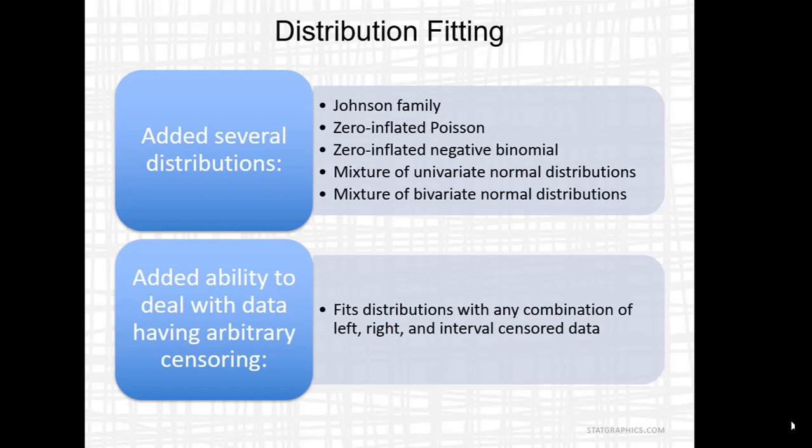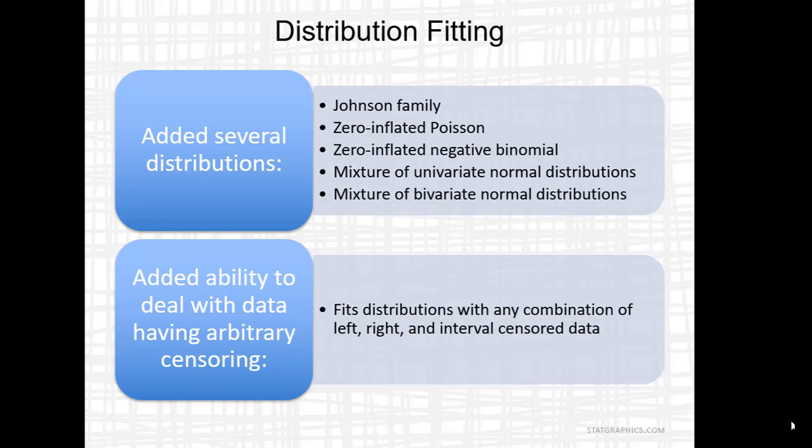In version 19, we've added the Johnson family of distributions, which can match the skewness and kurtosis of any sample of data. We've also added zero-inflated Poisson and negative binomial distributions for situations where there are more zeros than you would expect from standard Poisson or negative binomial distributions.